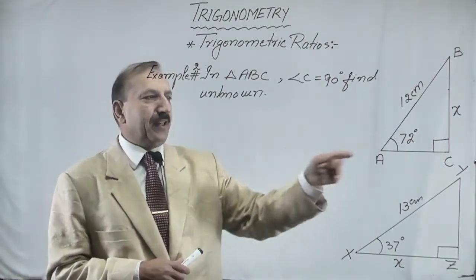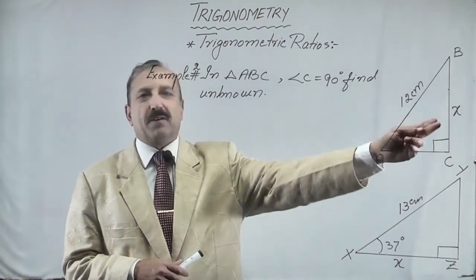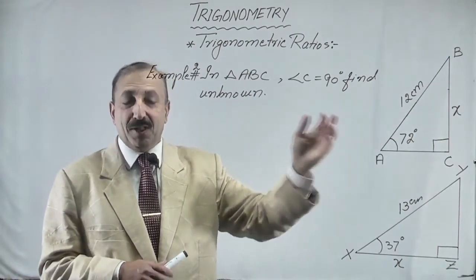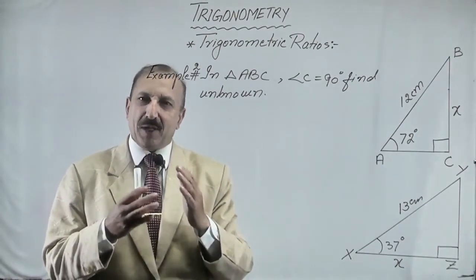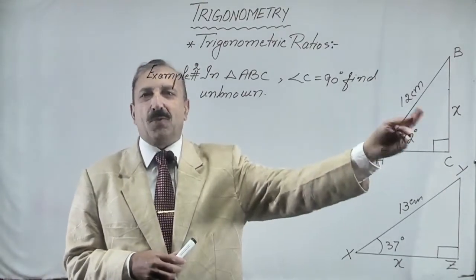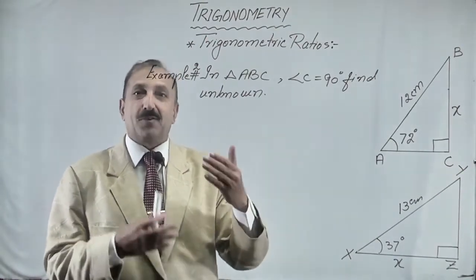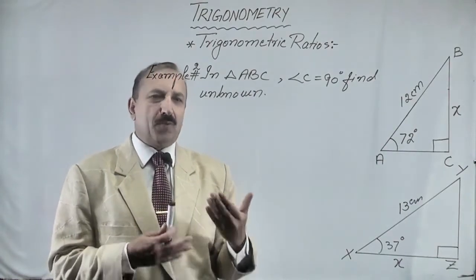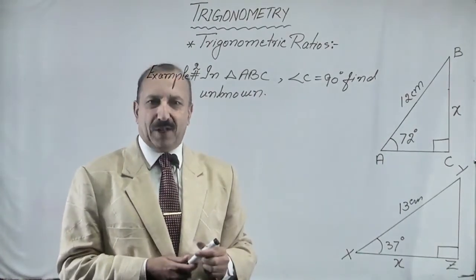Here, according to angle 72, we have opposite and hypotenuse. Then we will think which trigonometric ratio relates opposite and hypotenuse. That is sine, so the sine ratio will help us to find this value.